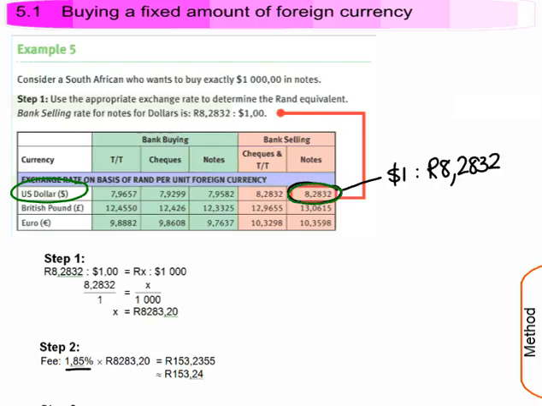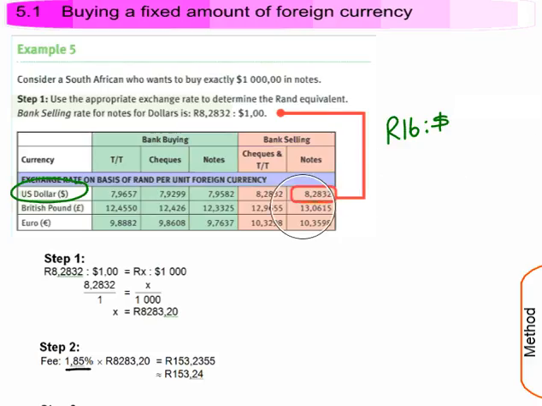Okay, this was a long, long time ago because the rand dollar exchange rate is just under 16 rand to $1. Okay, it's going to cost you 16 rand to $1.